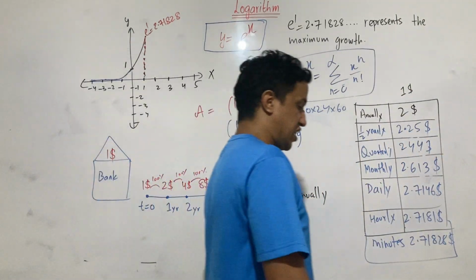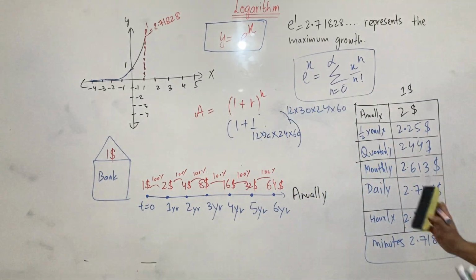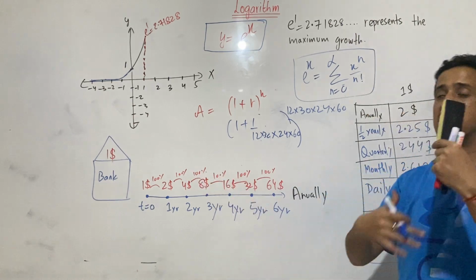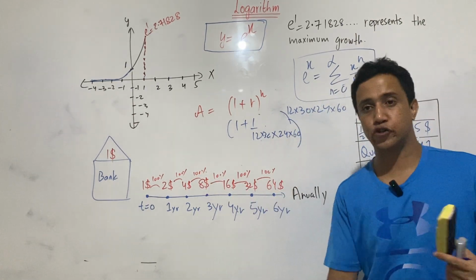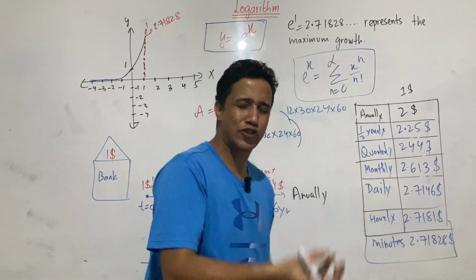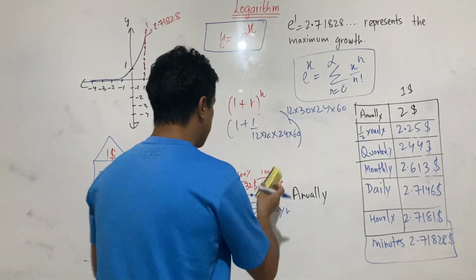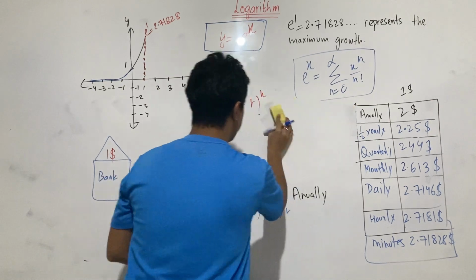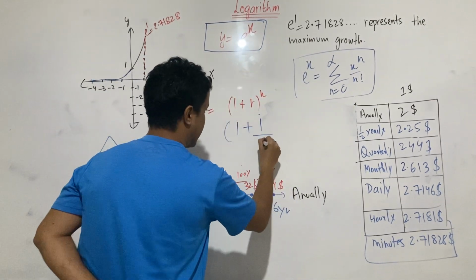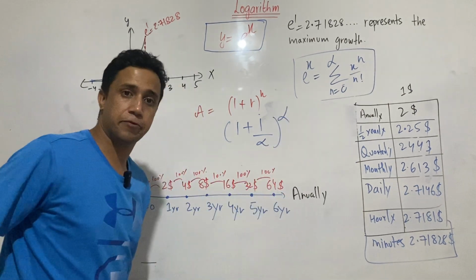Now, what if you say that you can do it infinitely? Means that you can compound it continuously for seconds, microseconds, nanoseconds. If you do that, what would happen? It would be 1 plus 1 by infinity, and here infinity.